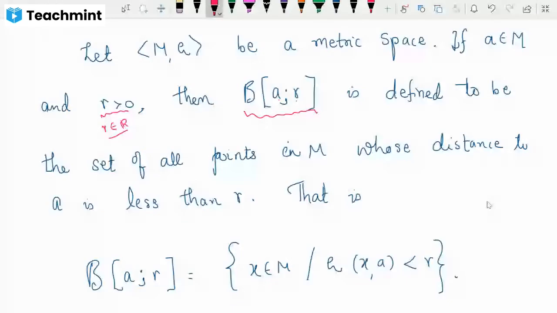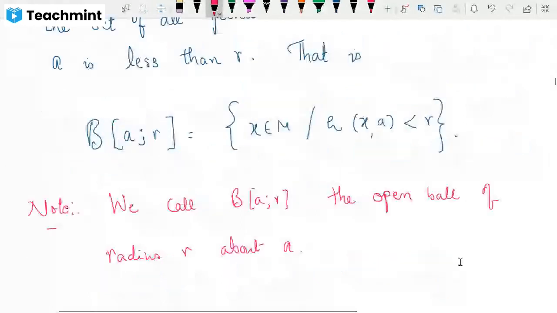In set notation, B(a, r) means the open ball about a, where a is the center and r is the radius. It contains all x belonging to M such that the distance from a is less than r.